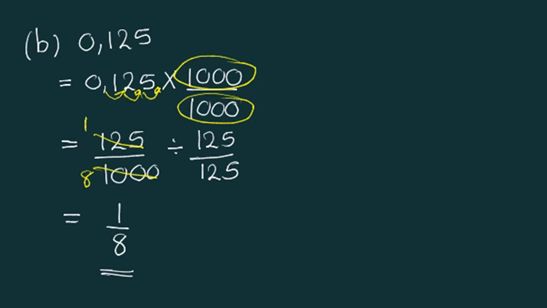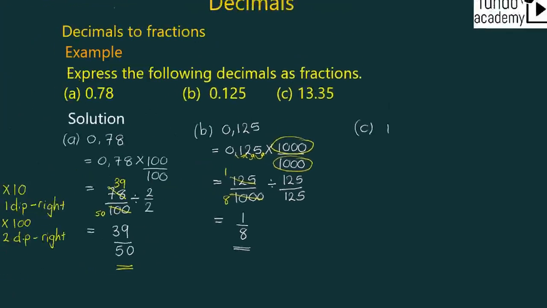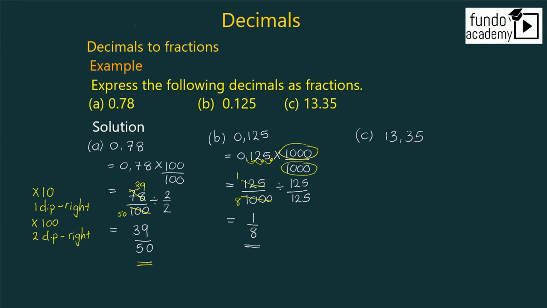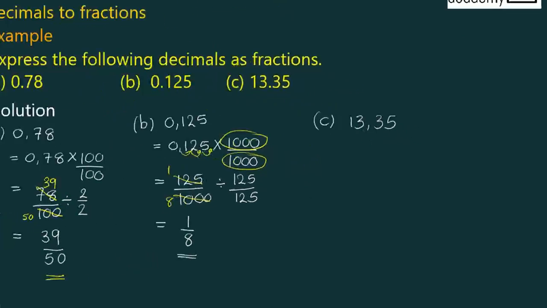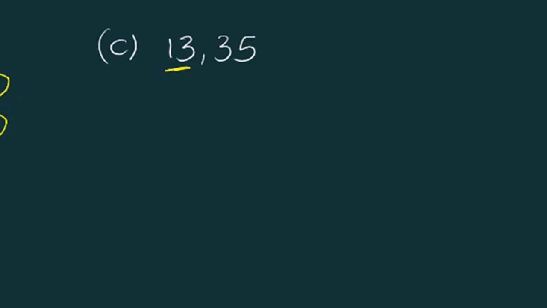Right guys, let's go on to part C, the last one, 13.35. With 13.35, what you can do is, this 13 part, the whole number part of this decimal, you may first ignore it, so that we are only left with the decimal part, which is 0.35, and convert 0.35 first to a fraction.